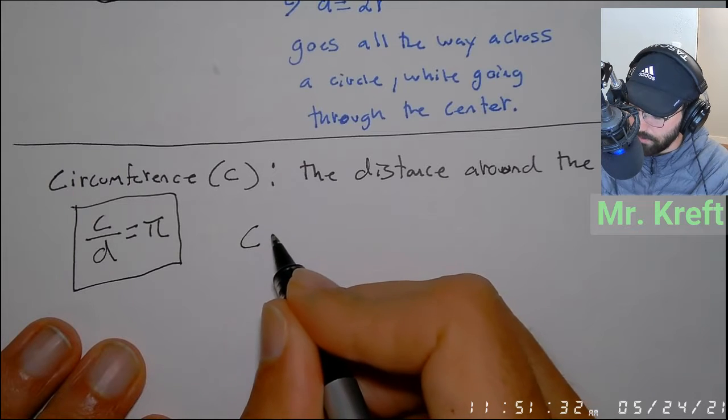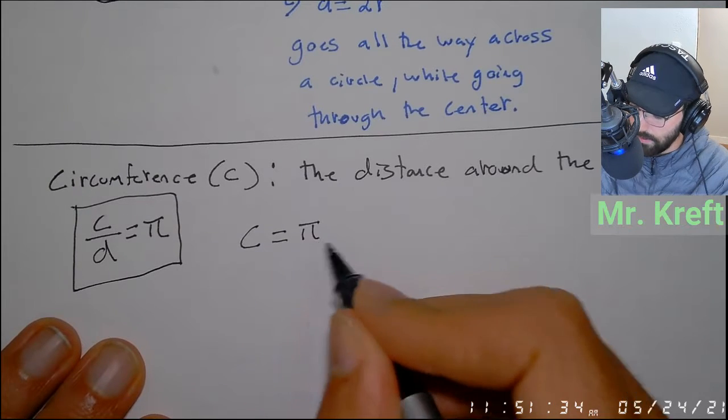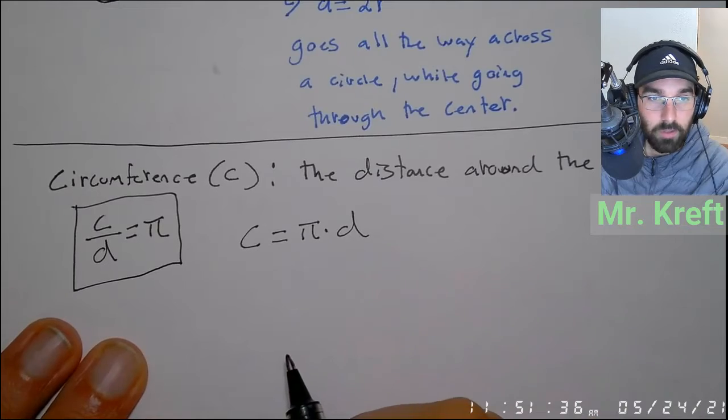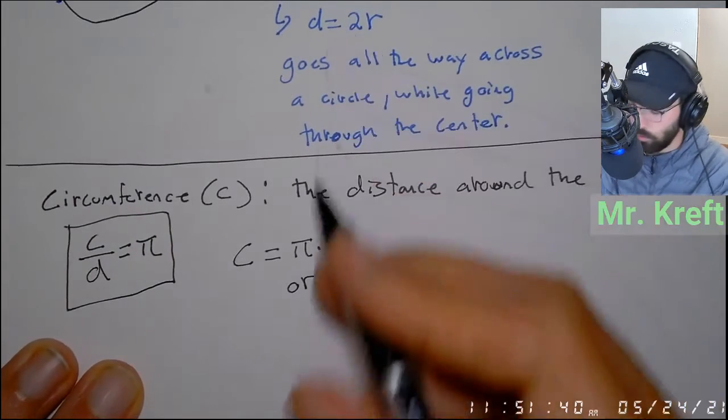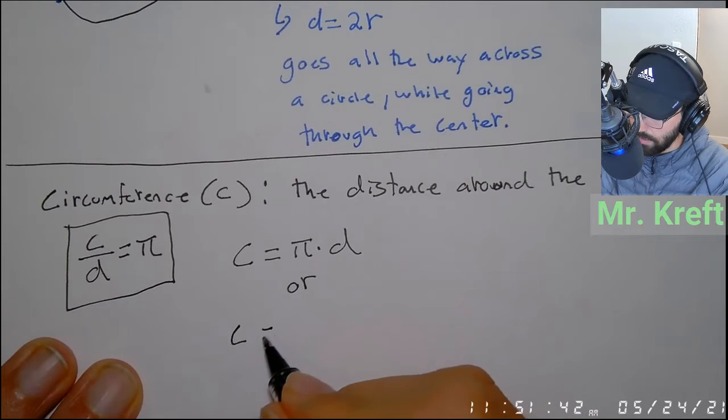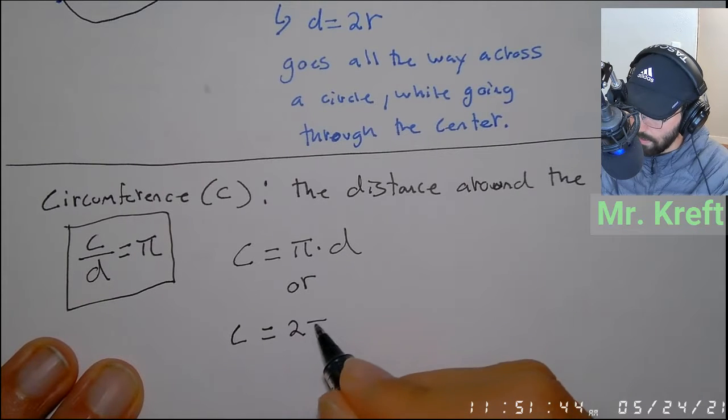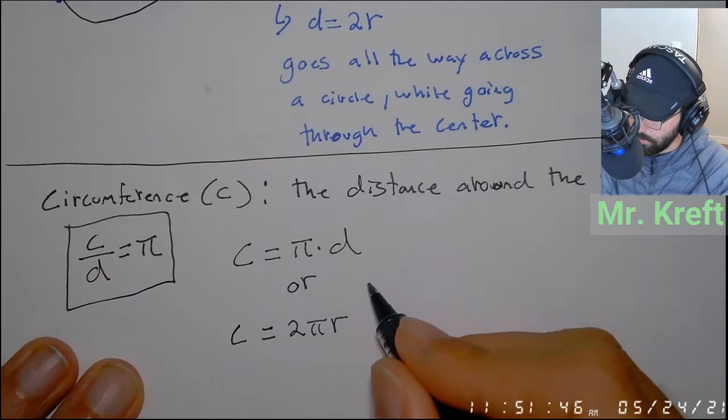But we like to think of circumference equaling pi times the diameter. Or, because diameter equals 2r, we sometimes think of it as 2 pi r.